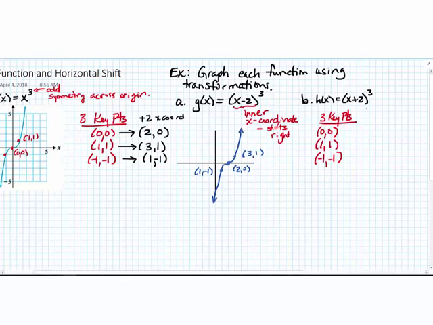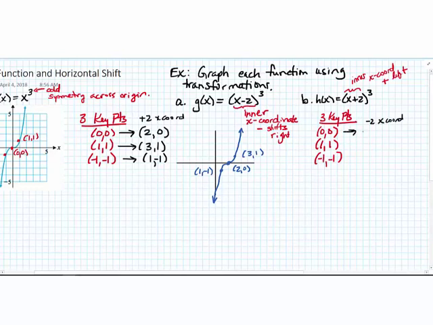We're still affecting the inner part of the function. It's still going to change the x coordinate. And since it's plus, we're going to shift to the left, which means we're going to actually subtract 2 from every x coordinate.